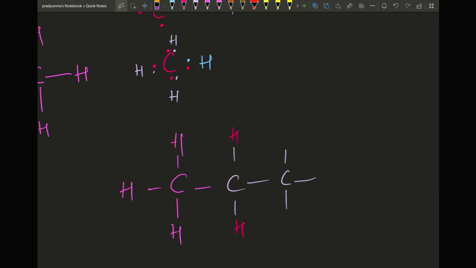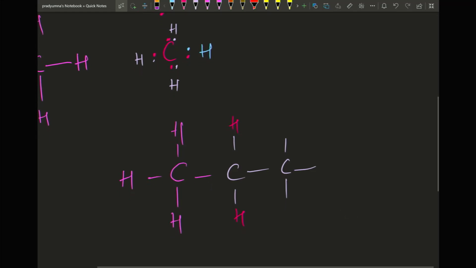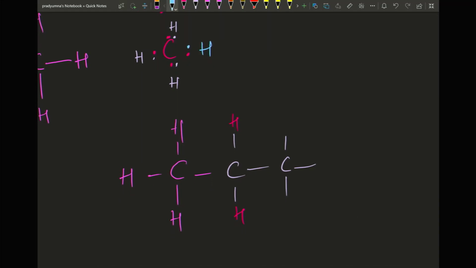When you draw structures, make sure you are drawing with your hand so that you get training in how to draw these. Carbon should always have 4 bonds, not less, not more. It cannot have 3, it cannot have 5. If you have 3 or 5, then that means it's wrong.